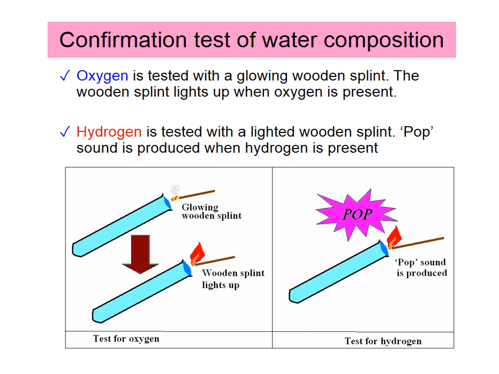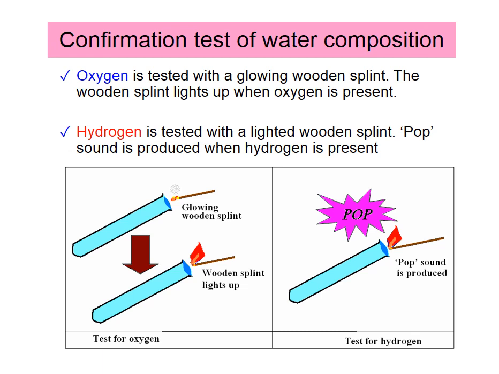So the confirmation test of water composition. Oxygen is tested with a glowing wooden splint. The wooden splint lights up when oxygen is present. For hydrogen, we test it with a lighted wooden splint. A pop sound is produced when hydrogen is present.